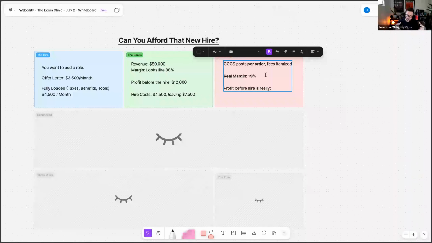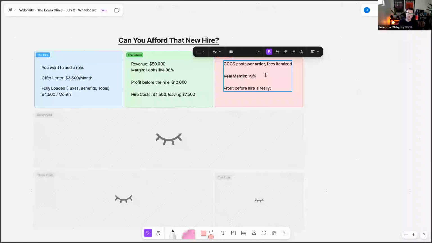The overall theme of these e-commerce clinic sessions is that we pick one piece of your books and understand how that contributes to the real margin. A lot of times stuff like your Amazon settlements, your Shopify payouts, any auxiliary or ancillary fees and expenses that you see on the back end need to be itemized so that you can understand how it's impacting your profits and your margin, right?